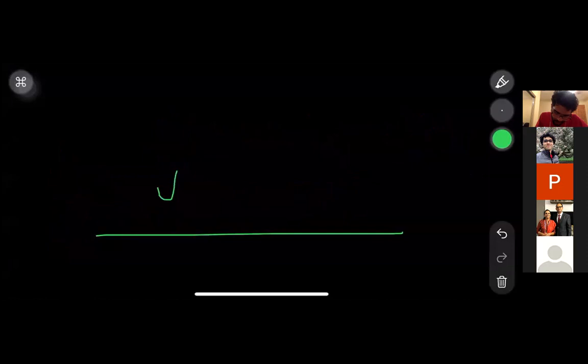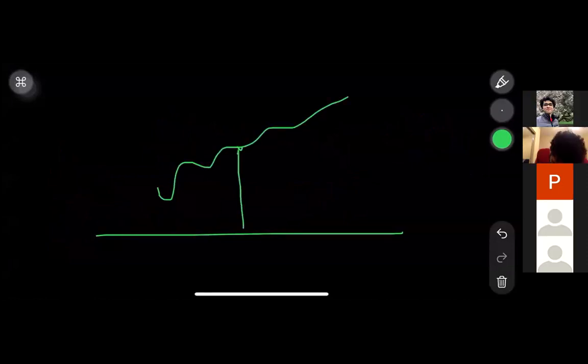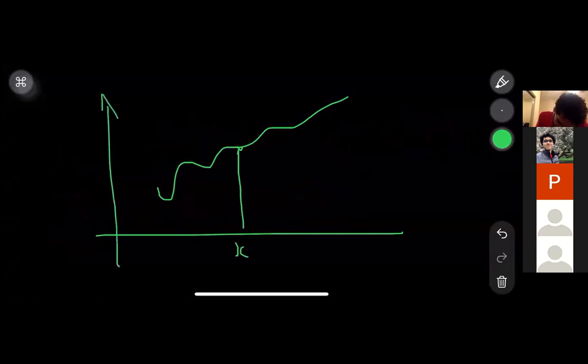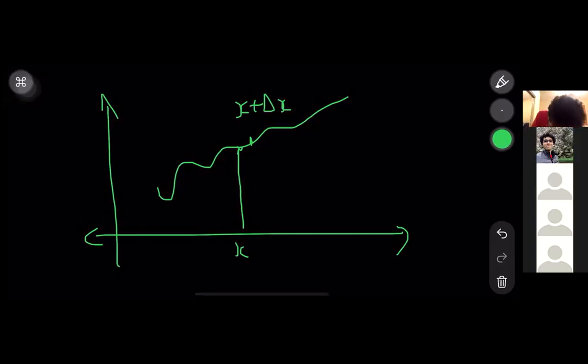So if this is your function, you want to find the slope at this point. What you say is this point is x. Okay, this is my y-axis, and let's say this point over here is x plus delta x, but delta x is a very small number. So we said we could actually have a small triangle over here, right? And we could calculate the slope over there. So what would be the height of that triangle?